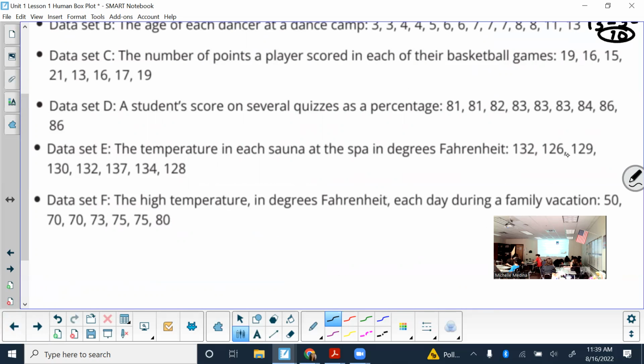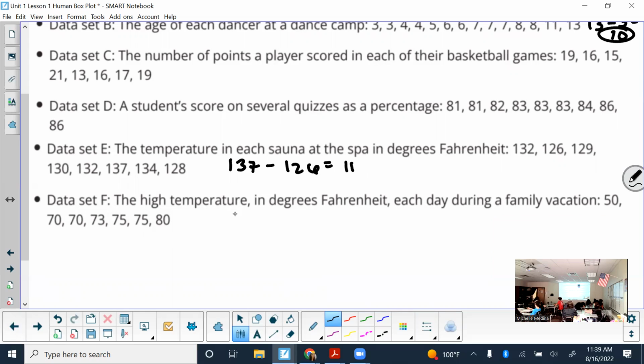E, the biggest number here is 137, right? Correct me if I'm wrong. My smallest number is 126. 137 minus 126 is, is it 11? I'm doing mental math. Yes, it's 11. Now, is that bigger than, say, F?